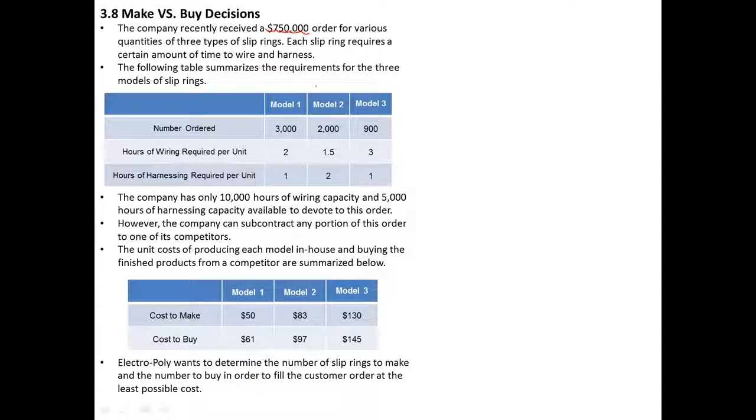And this table gives the resources needed and also the resources available. Okay, and they also tell us that they won't be able to fulfill all of these orders by themselves, manufacturing in-house, but they can buy from somewhere else. That's the outsourcing. And the cost to buy and cost to make are given here.